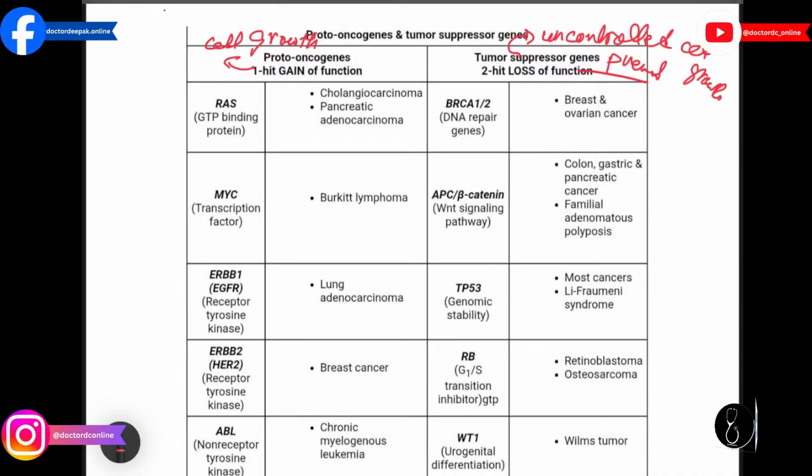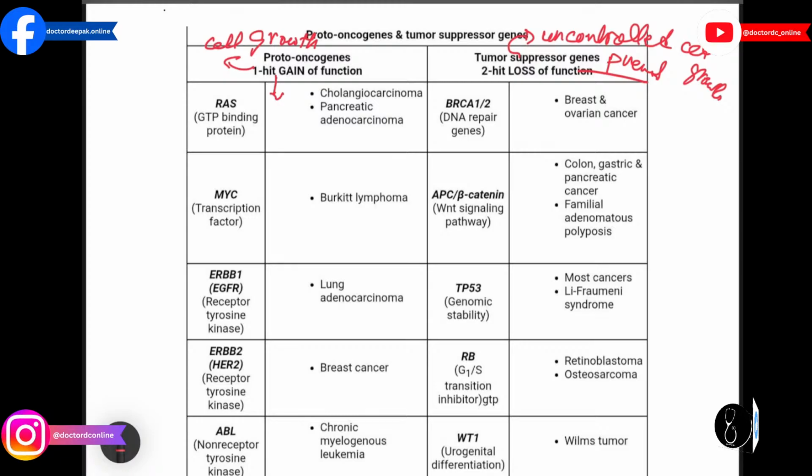And when proto-oncogenes become mutated or overactive, they tend to transform into oncogenes. And if inactivation of tumor suppressor genes happens, it can lead to uncontrolled cell growth and cancer. In that way, I want to share one thing.